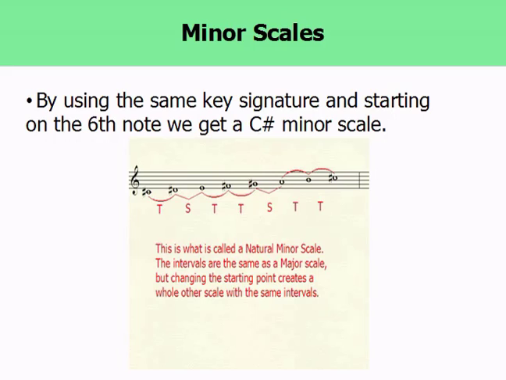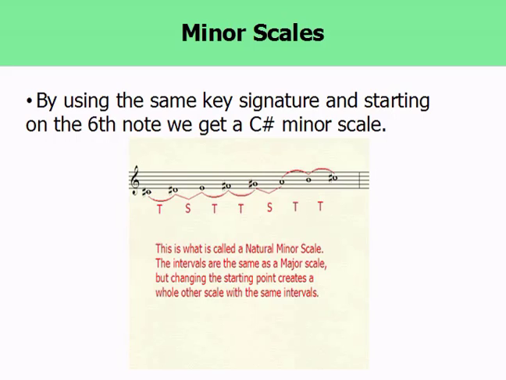Going back to the E example, we count to the 6th note. E, F sharp, G sharp, A, B, C sharp. The relative minor that shares the same key signature with E is C sharp minor. By using the same key signature and starting on the 6th note, we get a C sharp minor scale. This is what's called a natural minor scale.